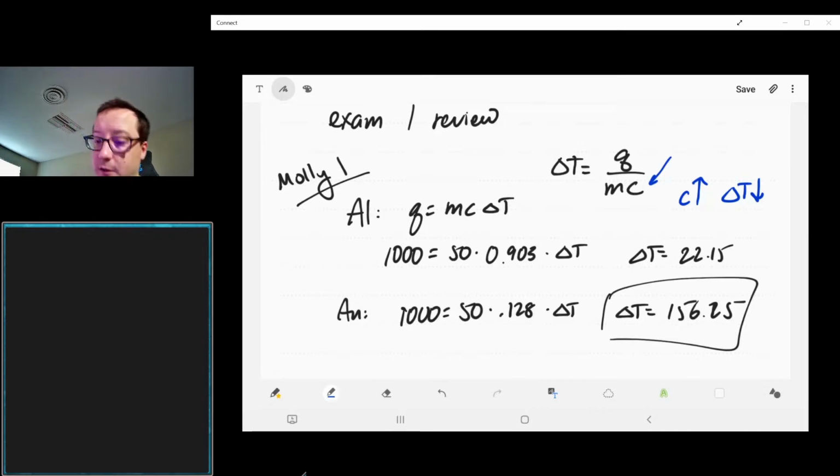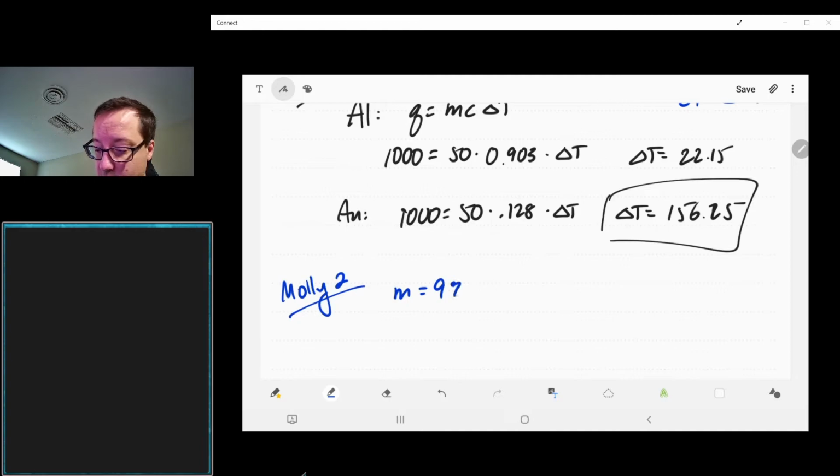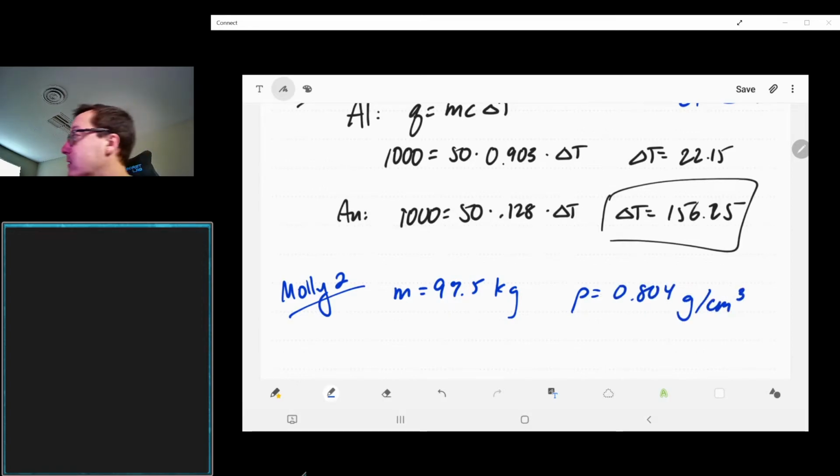Alrighty, so let's go ahead and apparently use dark blue to answer Molly's second question. Jet fuel has a mass of 97.5 kilograms. Density is 0.804 grams per cubic centimeter.